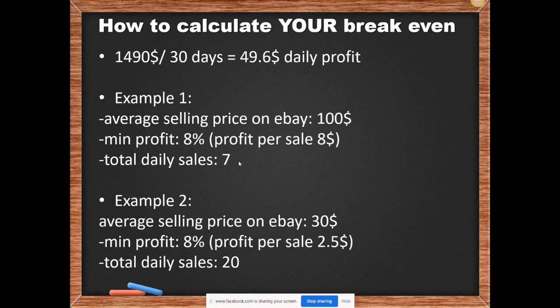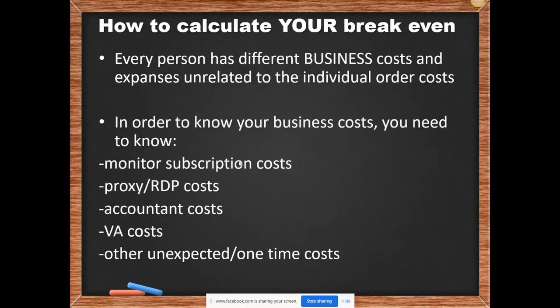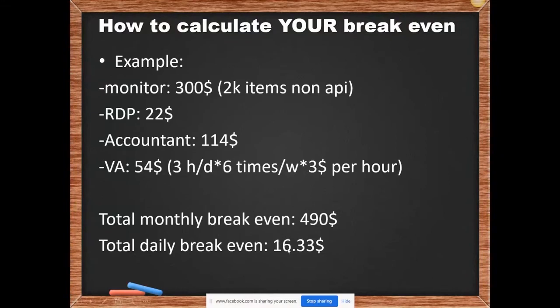I want you to look at the profit history reports, look at the number, and subtract from it your daily break even profit, which again, in our example, is $17. Because we've calculated that we need to make $490 a month just to cover our business expenses, so if we divide it by 30, it's $17.